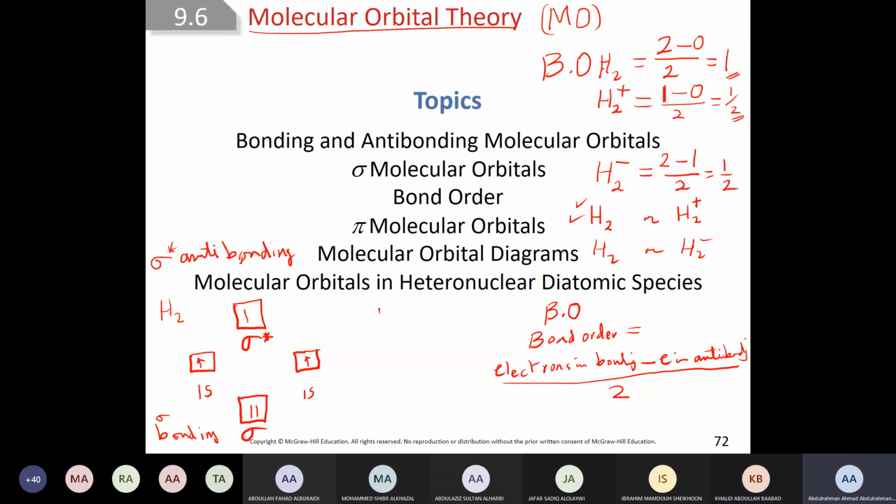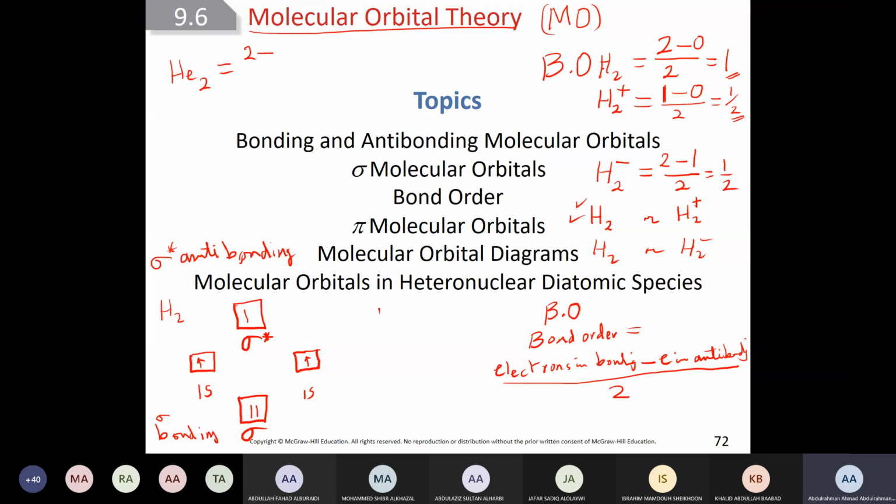Let's have the He2 molecule. Can we make this molecule? What's the bond order for the He2 molecule? Give me numbers. How many total electrons do you have for two helium atoms? 4.